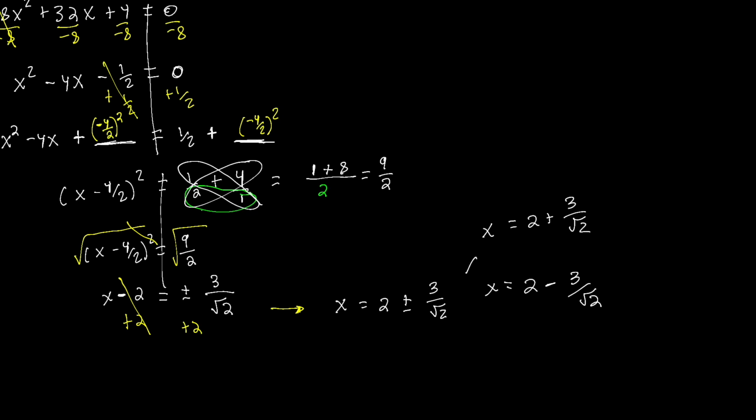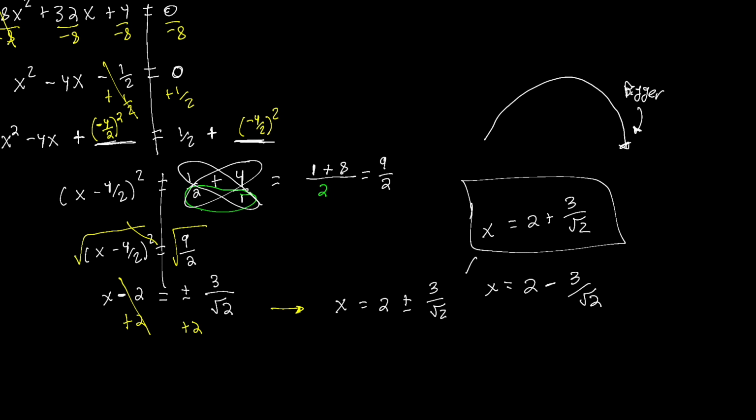Since first the ball got punted into the air and now it's landing on the ground, we need the bigger x-intercept. We don't really care about the first one since it's not even in the domain here. So we're going to want this one, the 2 plus 3 root 2. So using a calculator, I'm getting an approximation of about 4.1.